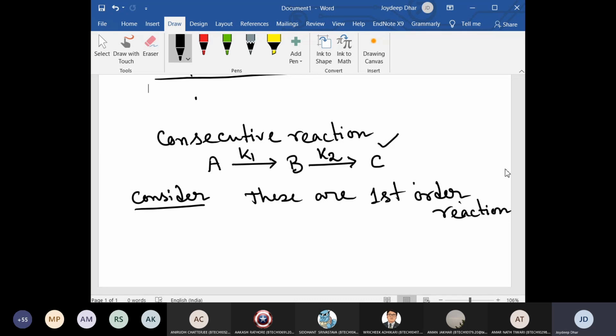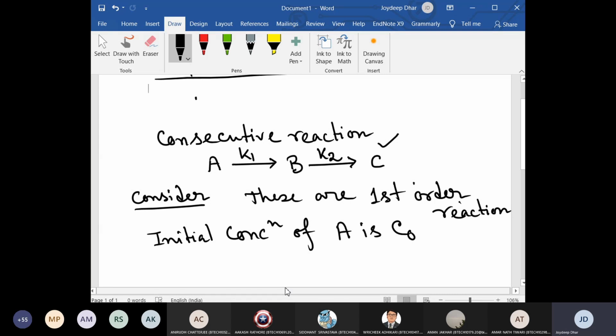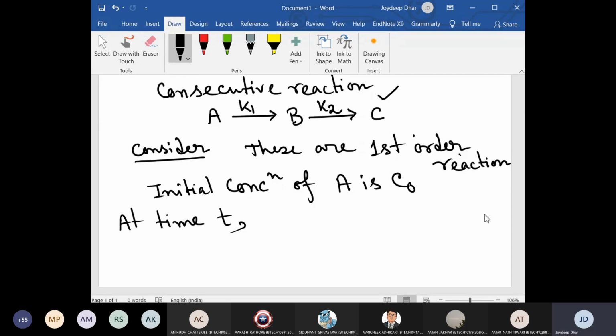If the initial concentration of A is C0, then at time t, A will be converted into B and B will be converted into C. But since the rate constants k1 and k2 are not the same, k1 may be greater than k2 or k2 may be greater than k1.